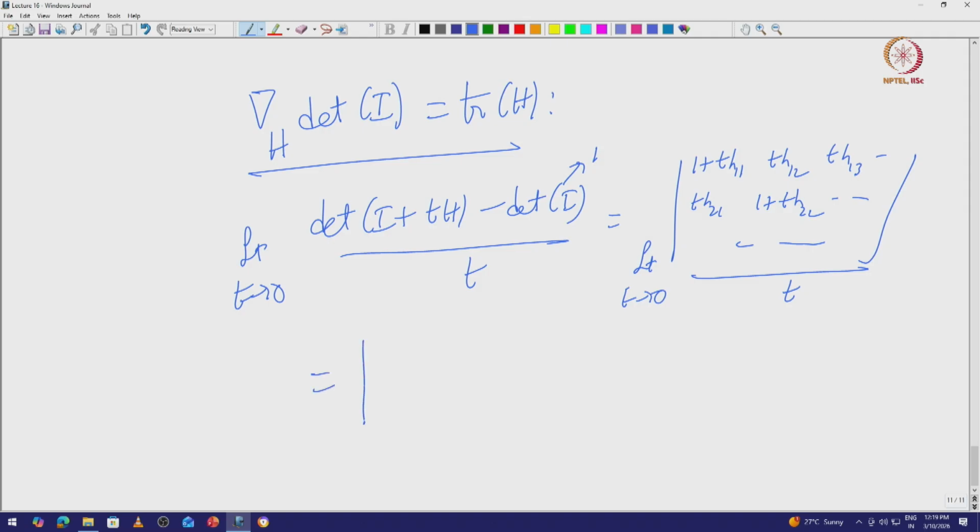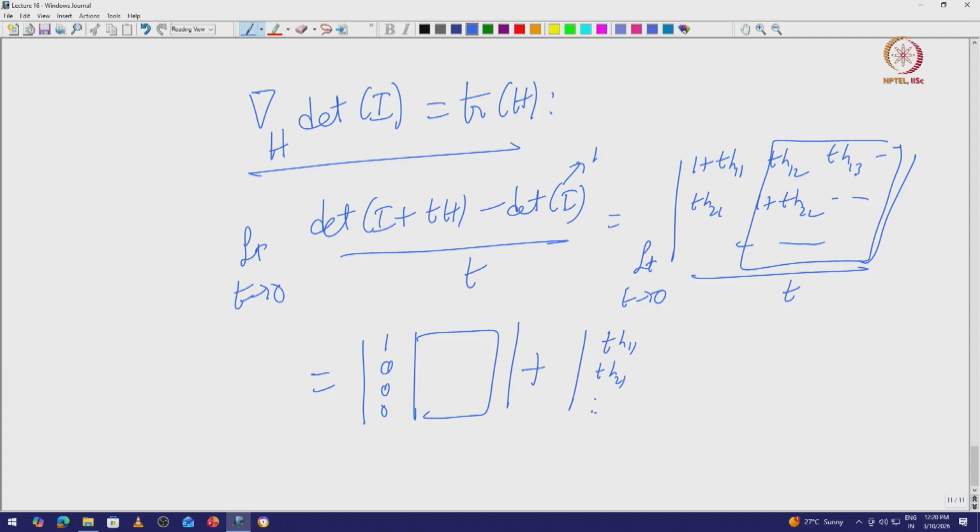Now we can use the properties of the determinants. If we fix the other rows, then these rows add up. This is the fixed part plus tH11, tH21, etc., and the rest is fixed, divided by t. Okay.